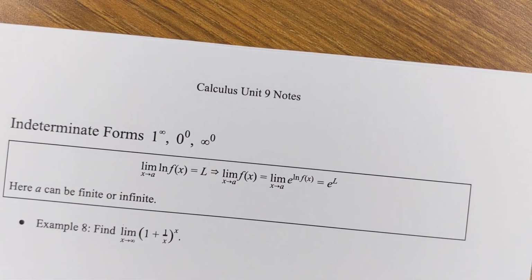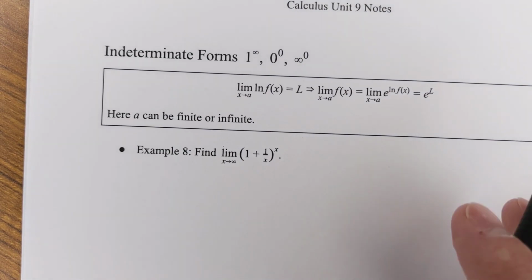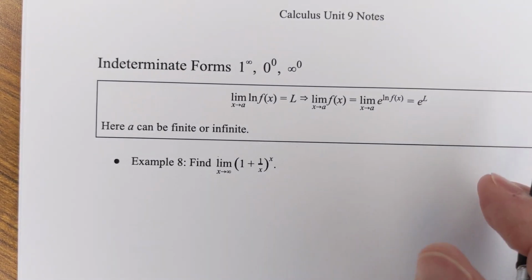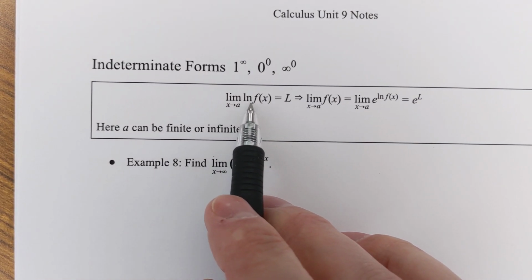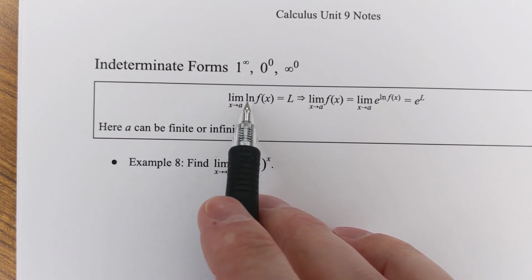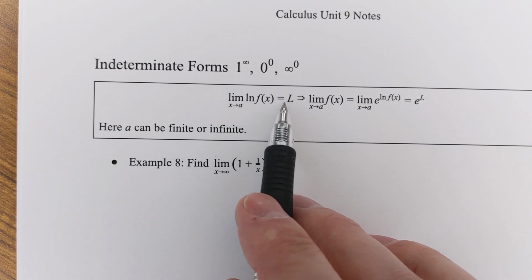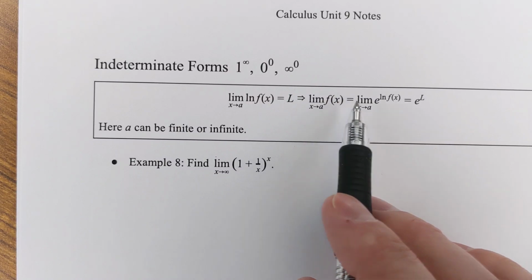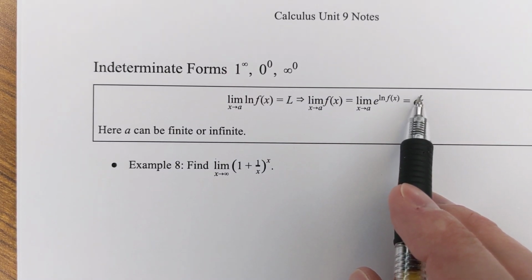Okay, so a couple more indeterminate forms: 1 to the infinity, 0 to the 0th, or infinity to the 0th. So what this is saying is that if the limit of the natural log of your function is L, then the limit of your actual function is e to the Lth power.